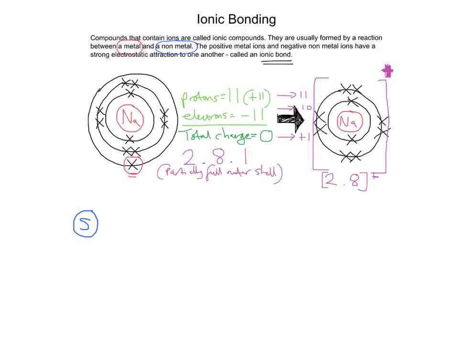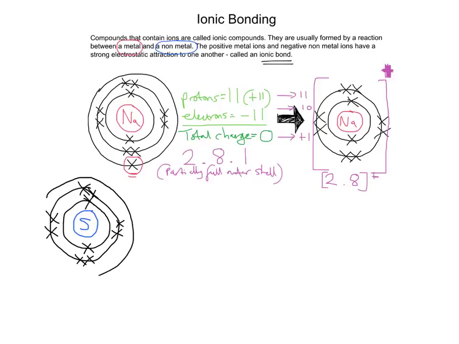Now sulfur has 16 electrons in total, which means it would have 2 on the innermost shell, 8 around that, and then 6 on the shell around that.